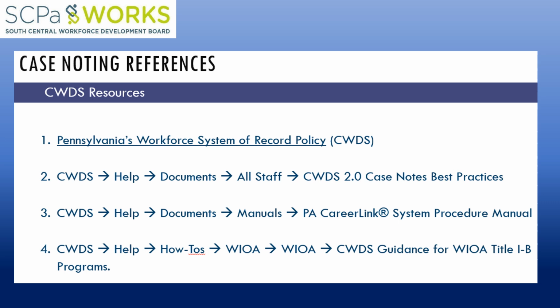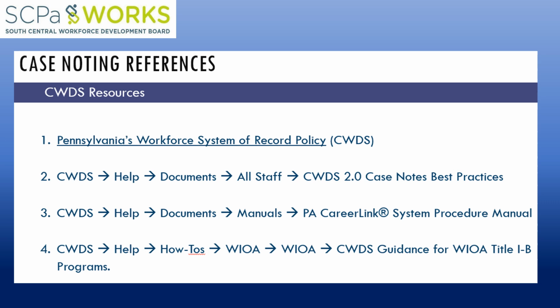CWDS serves as a great resource for all Title I administration and operations surrounding WIOA programming. CWDS 2.0 Case Notes Best Practices, the PA CareerLink System Procedural Manual, and CWDS Guidance for WIOA Title I-B programs are resources that all vendors should be utilizing.